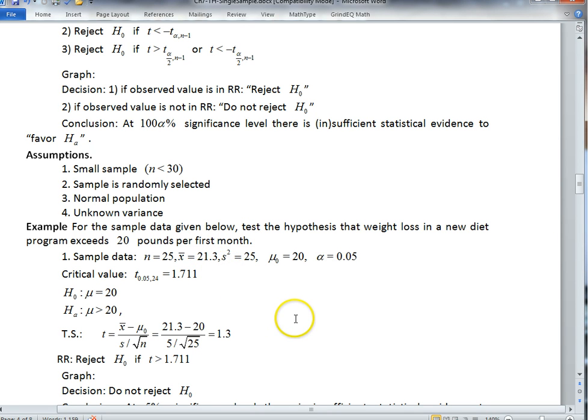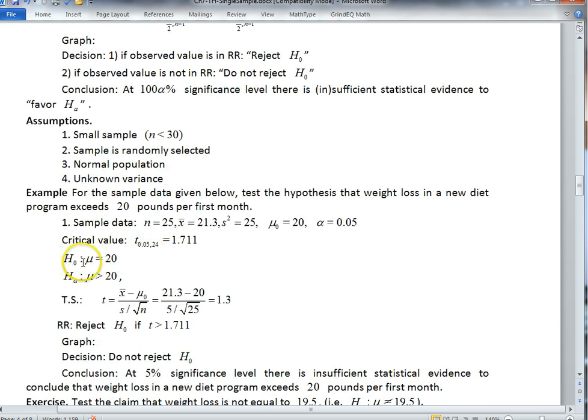Okay. So again, my critical value in this case would be t.05. My degrees of freedom are going to be 25 minus 1. And if we go to the t table, remember the t table, and we go to 0.05 in the upper tail, and then we go to 24 degrees of freedom and pick that value.